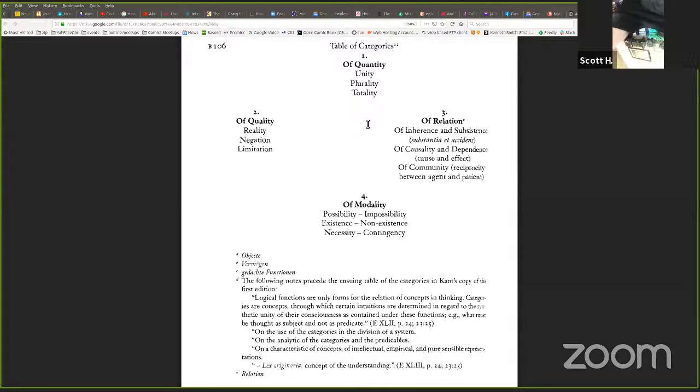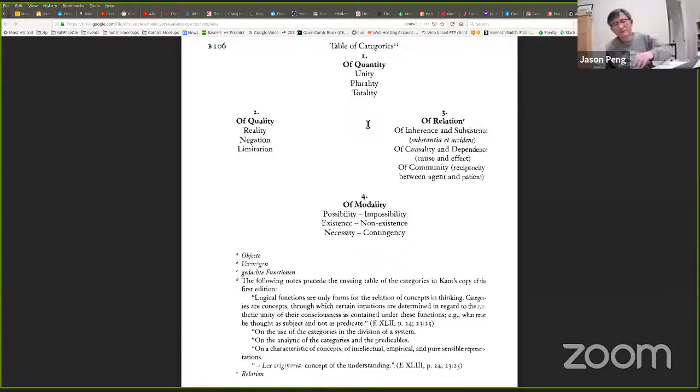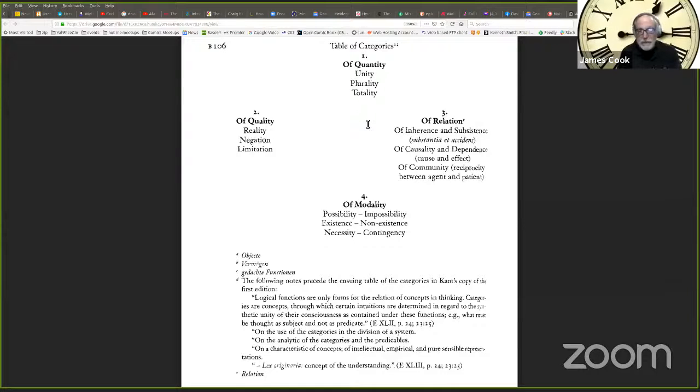I guess the task here is to say, well, I can synthesize something using reality or negation or limitation, or from unity and plurality and inherence and substance and so forth. But that's quite a challenge. In other words, if these are all the origin of synthesis, why doesn't he give more examples than he does?